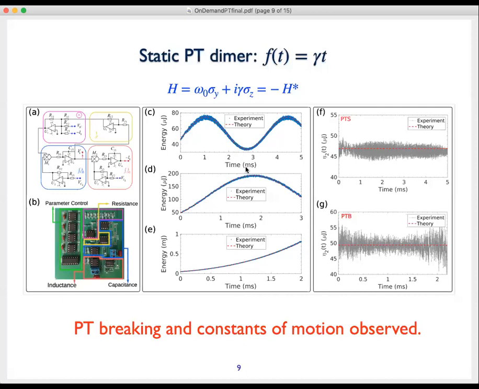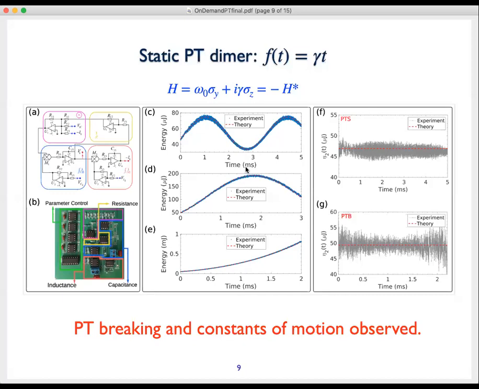Now, another thing which I find really cool about these PT systems is that although the energy in the circuit, or the norm of the state, is not preserved in the PT symmetric or PT broken region as far as the Dirac norm is concerned, there are other things which are preserved. There are constants of motion in this system. We have been studying those for a while now, trying to figure out what they are and observe them in different platforms.